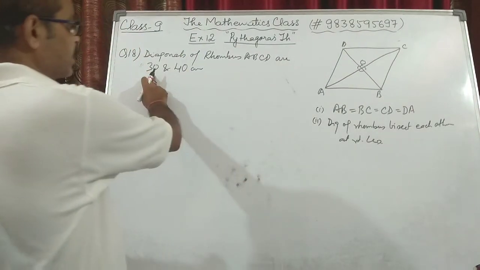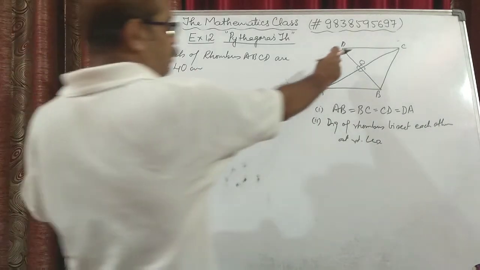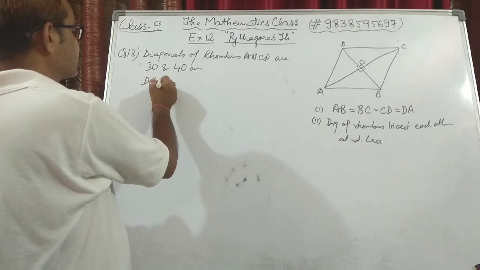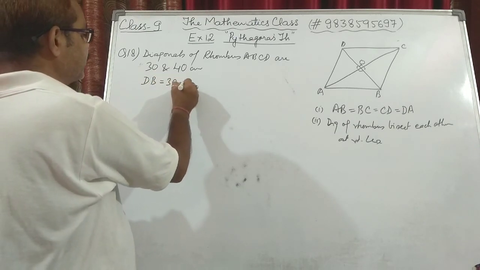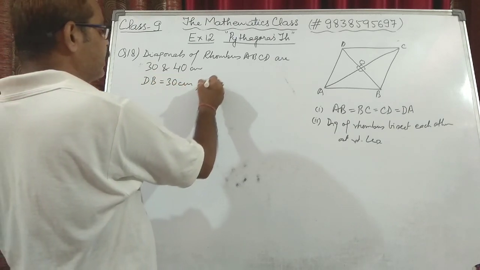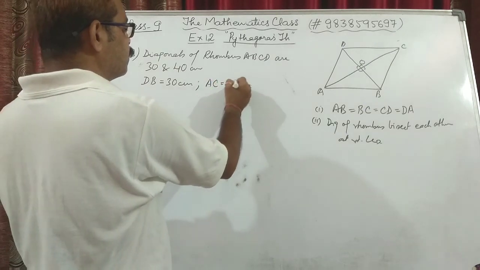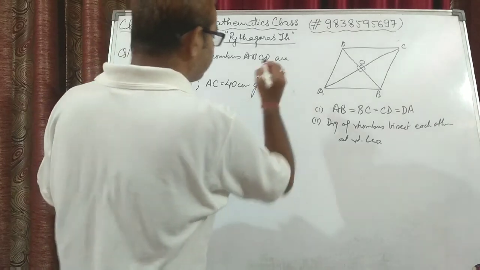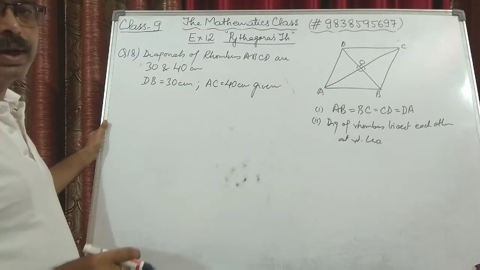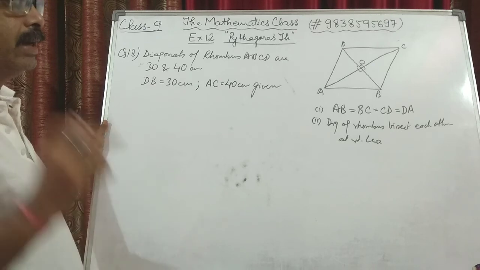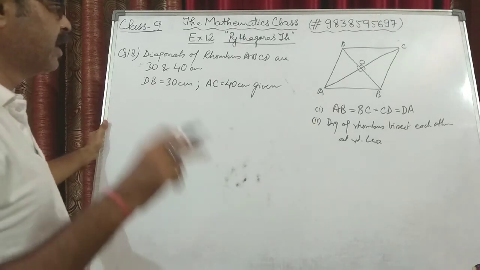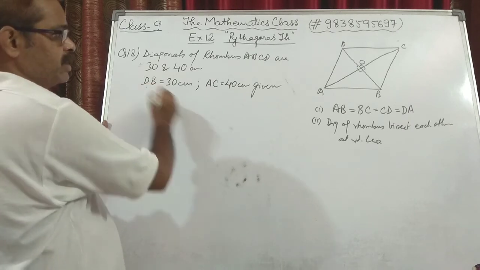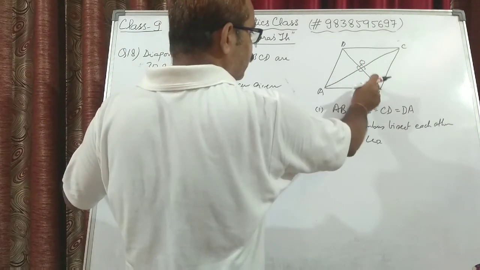So 30 centimeter and 40 centimeter. It means this looks smaller, so we can say that DB is equal to 30 centimeter given and AC is equal to 40 centimeter given. We know that point O will bisect AC and BD. It means in DB, O is the midpoint of DB.